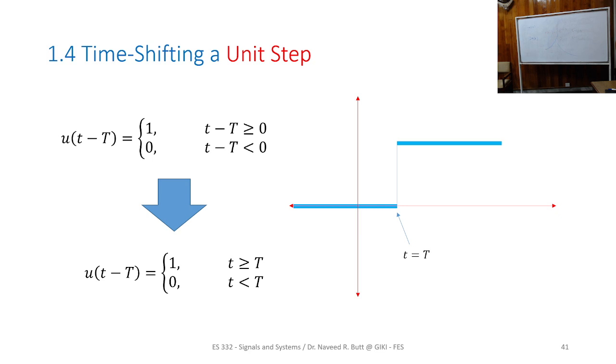Now I want you to quickly draw a compressed version of u(t). So if you have the unit step u(t), what does u(2t) look like? Let me say plot, for example.